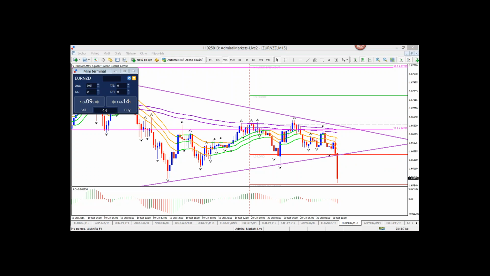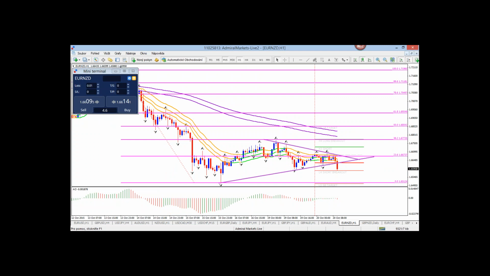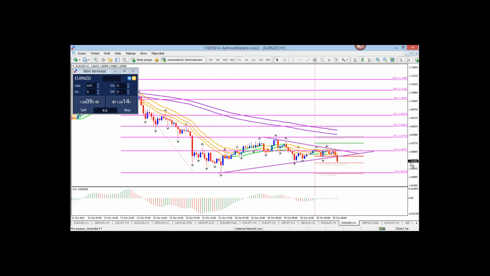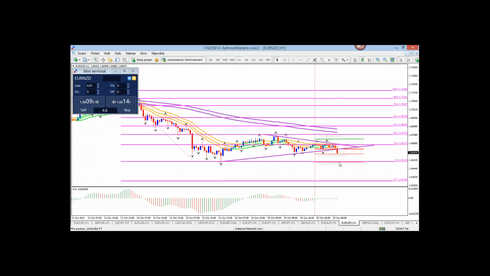One of the techniques for exits is also to split the trade in two, and I think I'll do that if and when I take the trade. They're pretty good two targets.